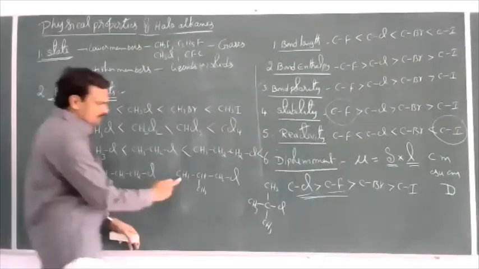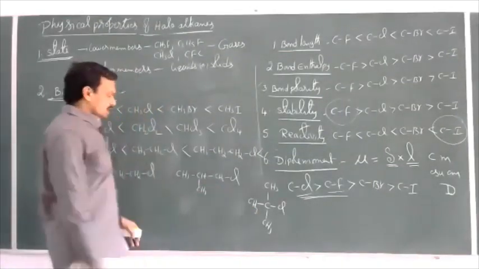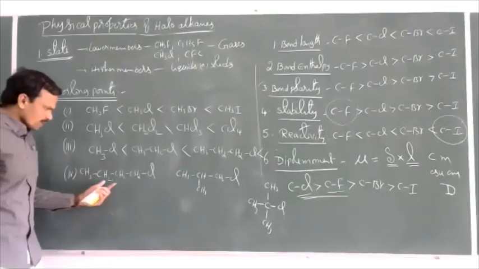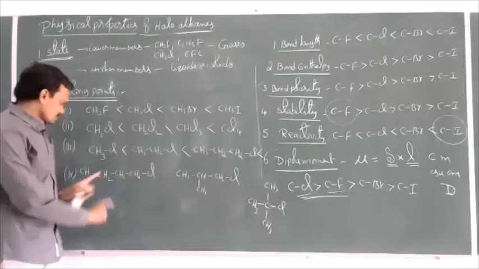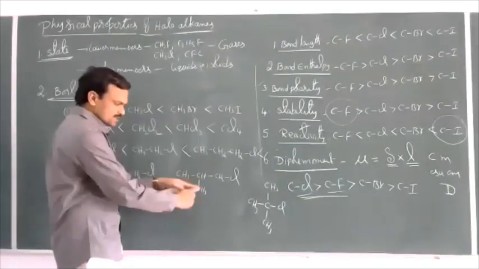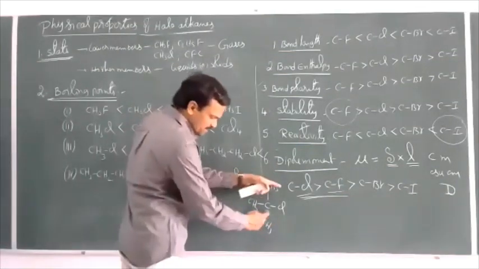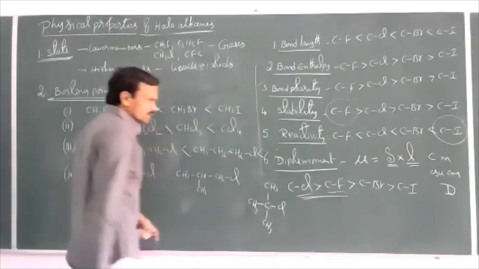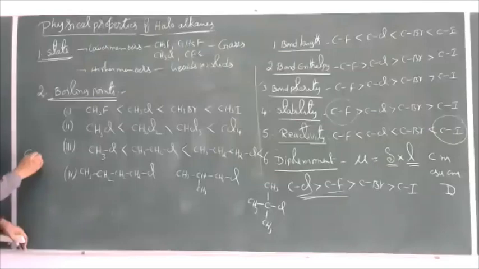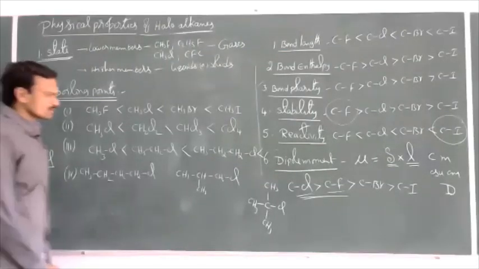Now these three compounds contain the same number of carbon atoms, but the number of branches increases. Here 4 carbons are present in the long chain. Here 1 carbon is present as a branch. Here 2 carbons are present as branches. That means same compound, this is nothing but C4H9Cl.